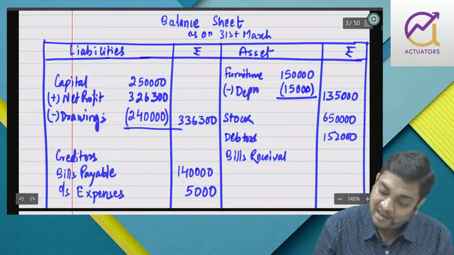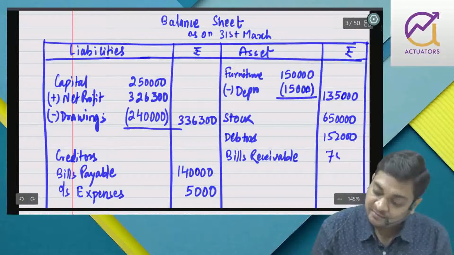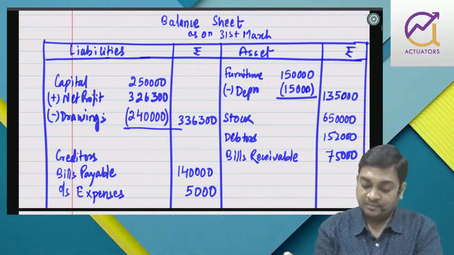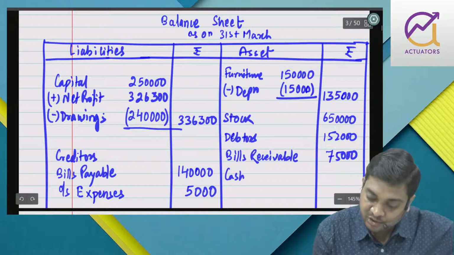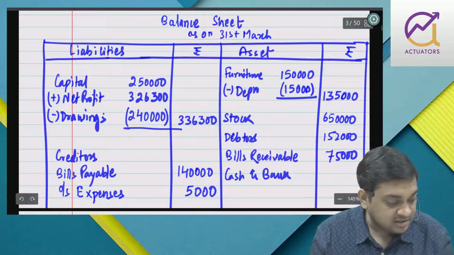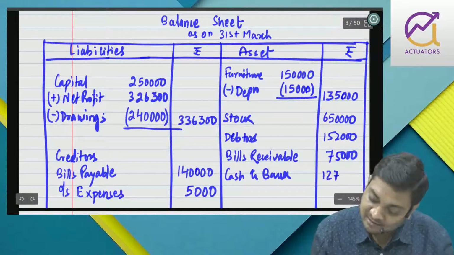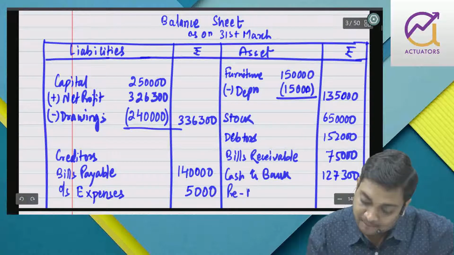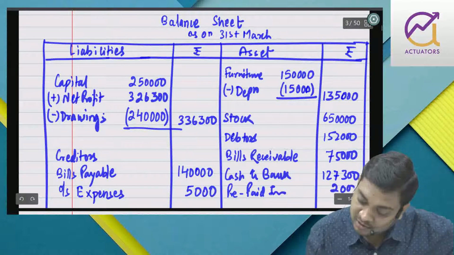Bills receivable I have 75. Then we have cash and bank together; the closing one is 127,300. And then we have prepaid insurance 2,000.